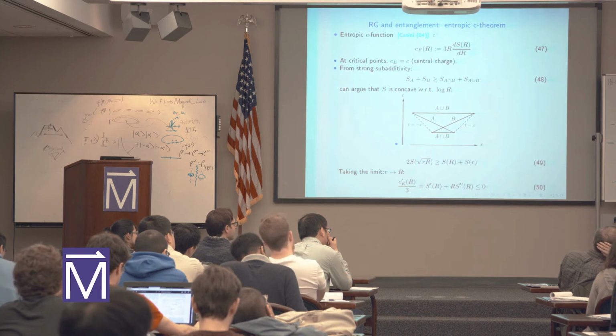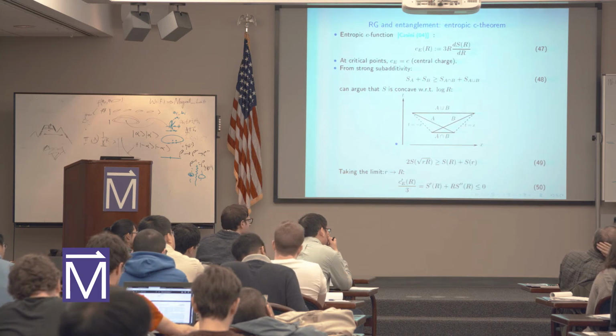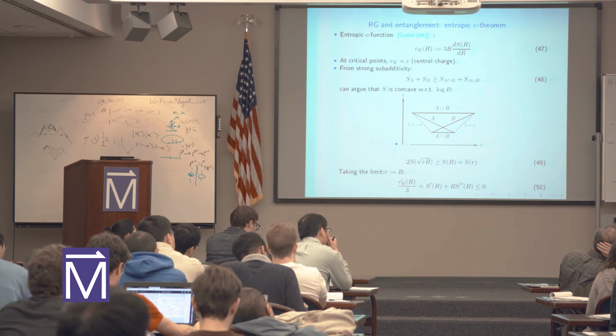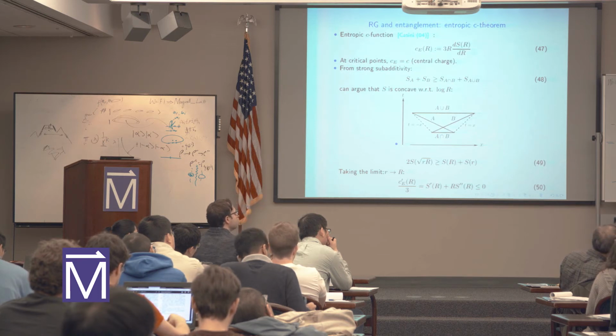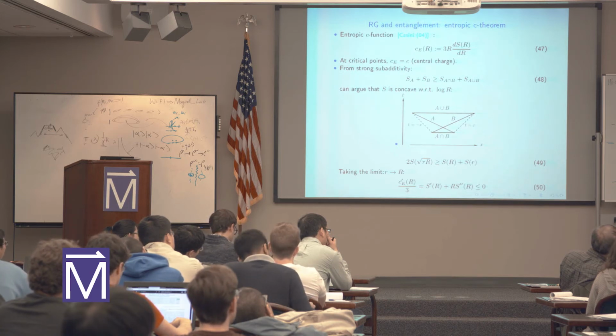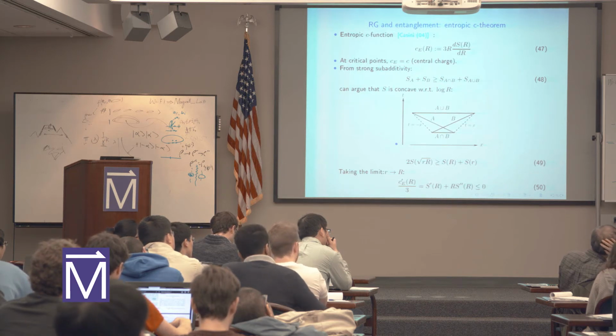But the C function is something like a mountain. With the C function, it gives you a height. Maybe this is not a good picture, but with the C function you have a sense that from a given conformal field theory, you always flow into the other conformal field theory.